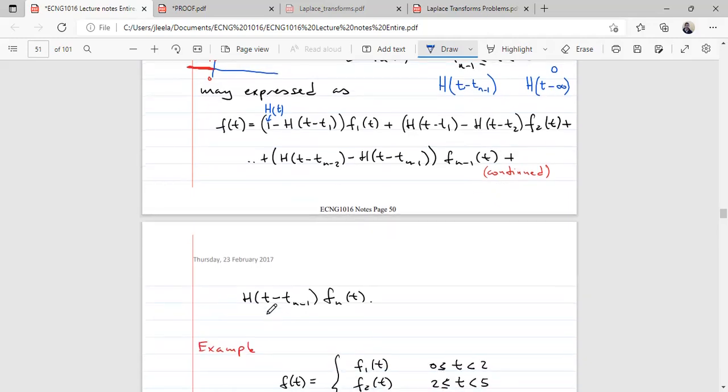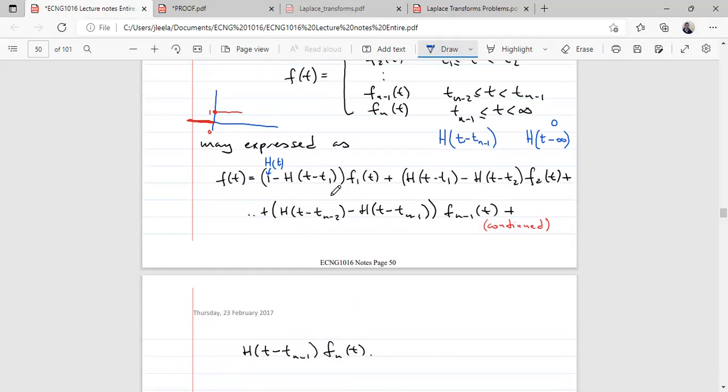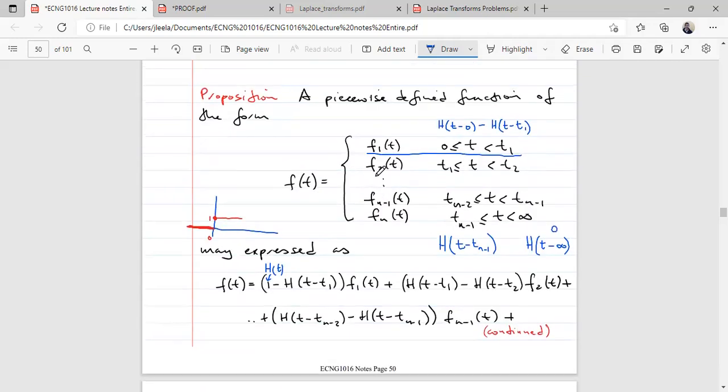So that is why this part here just had the H(t minus t(n-1)) by the function, because this part here will be 0. So that doesn't give you any contribution, right? So this will help you in order to evaluate problems involving piecewise where you're using the Laplace and the Heaviside function.